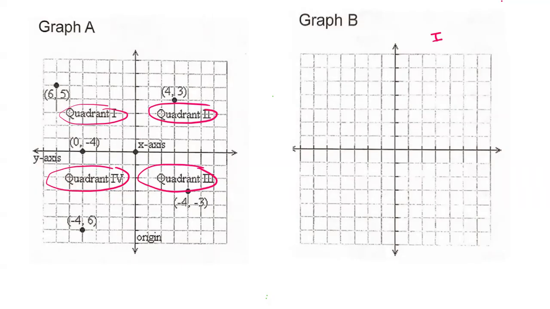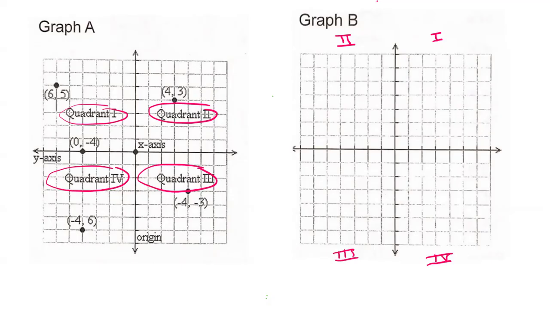Then where's quadrant 2? Top left. Perfect. So quadrant 1 is here, quadrant 2 is here. How about quadrant 3? Bottom left. Perfect. So 1, 2, 3, it goes counterclockwise.